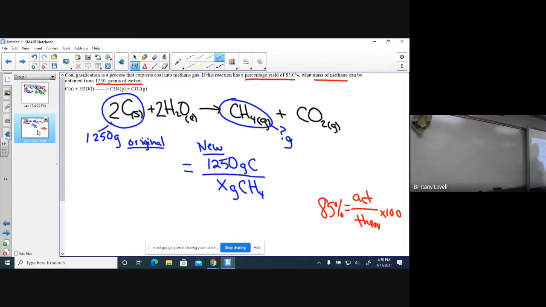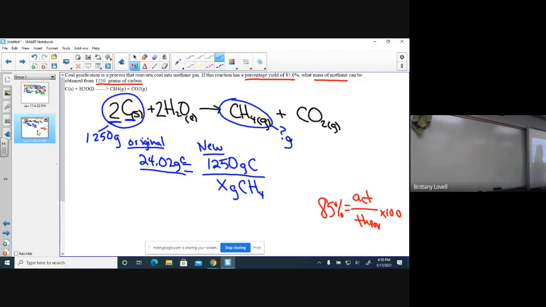So I need to find out what was the original information. What were my original masses in the problem? How much total carbon did I have in the first place? Well, if you look here, you're just going to take 2 times whatever carbon's molar mass is. So you need your periodic table. If you find carbon, carbon is 12.01, and then we're going to double it. So it's going to be about 24.02 grams of carbon over.